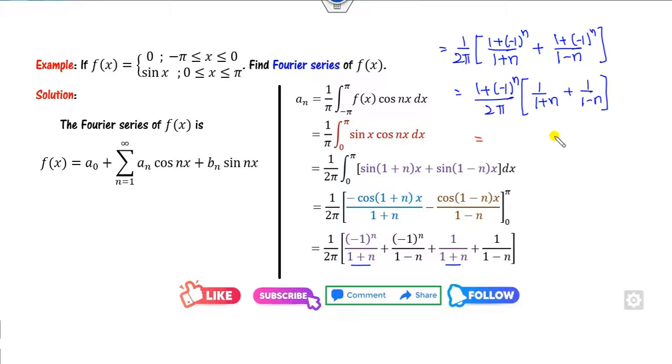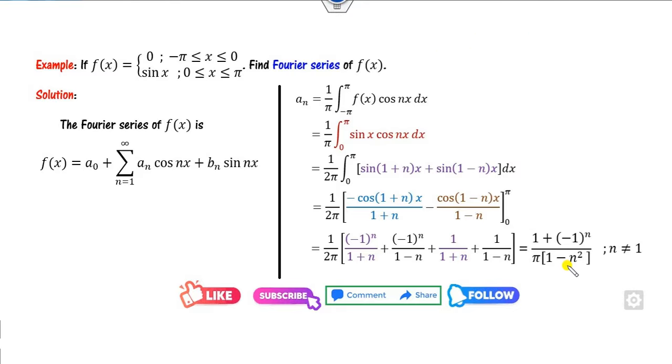Now take the LCM: this is 1 minus n squared, over 2 pi. So 2 and 2 will be cancelled out. The final result will be 1 plus minus 1 raised to power n divided by pi times this number.